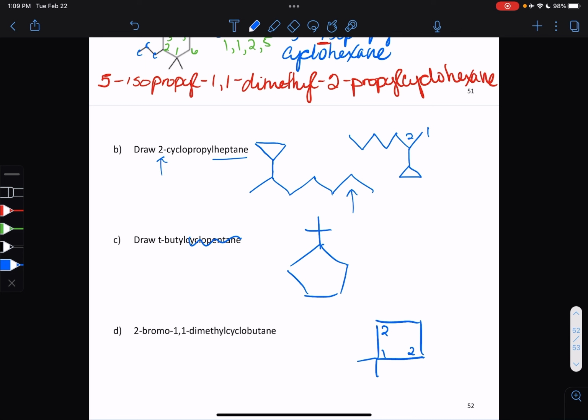Just pick a direction. You just don't want to put bromine diagonal across over on the top right. That would be wrong. Okay, so let's go up, and that means we would go ahead and put a bromine here. You can also draw the bromine out to the left if you want.